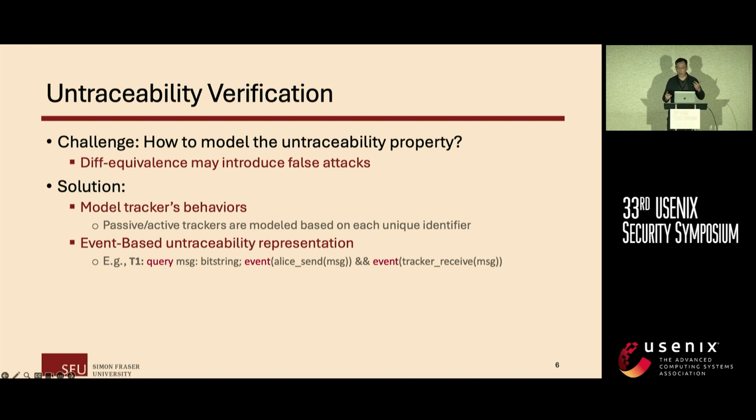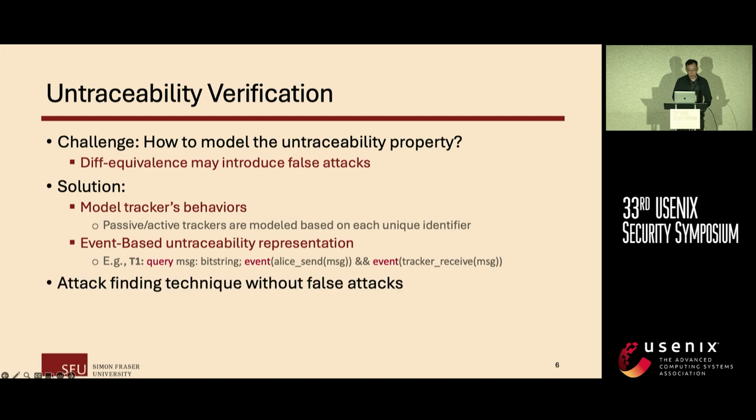In the model, when the device sends out a linked message, it emits an event, Alice send. And if the tracker can observe this event, the model emits an event, tracker receive. If these two events happen at the same time, it means that the tracker can observe this linked message from the device and thus can track the device. With this, we can find the attacks without introducing any false attacks.